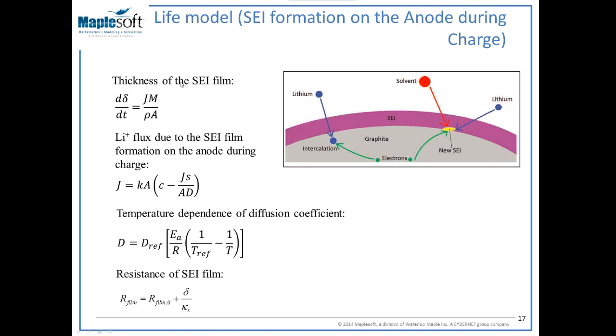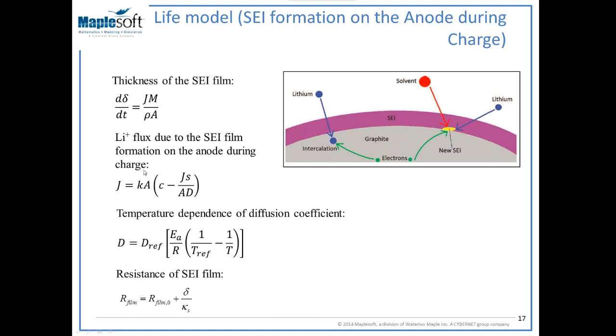The formation of the SEI film or layer is described by this differential equation. Delta is the thickness of the SEI layer, and this differential equation describes the formation of the SEI layer over time. It is dependent on some parameters including J, which is the lithium ion flux due to the SEI film formation on the anode during the charge process, and other parameters including the area and the density of the SEI layer as well.